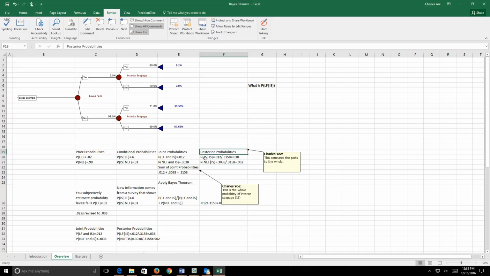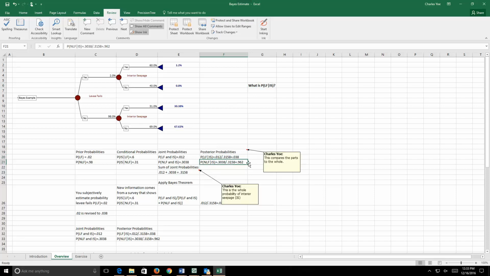Here's the probability in the question. The probability of levee failure given interior seepage. And this is obtained by taking the joint probability, 0.012, and estimating what part of the entire, or the sum of the joint probabilities that represents. So that's 0.012 divided by 0.3158, which yields a revised or posterior probability of 0.038.